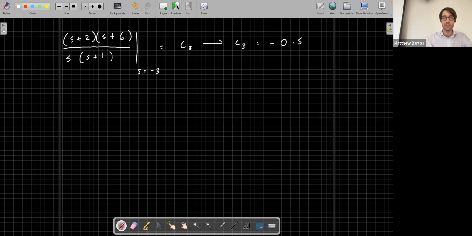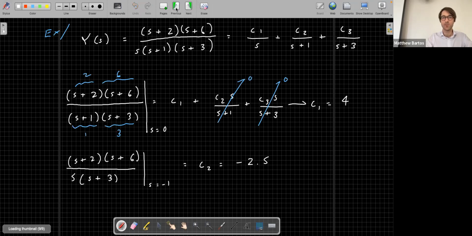All right, so now what do we do? We're trying to take y of s and put it in the time domain. So what do we first need to do here? Right, we will take the inverse Laplace transform. Very good.